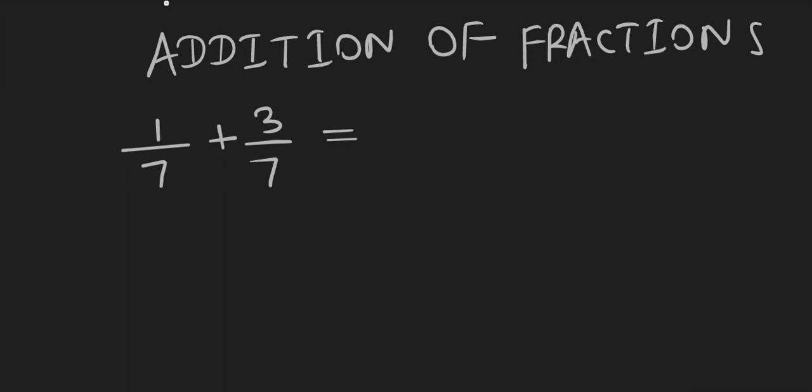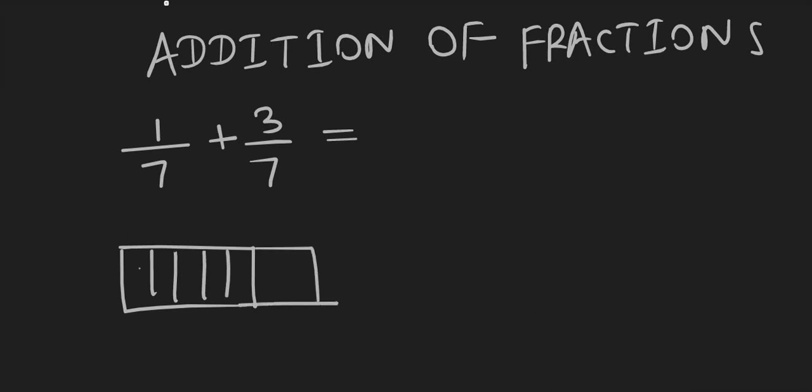Let's say I have a rectangle. I have divided it into 7 parts and I have one part here and another 3 parts here. Therefore, how many parts do I have out of 7? That is to say, I have 4 parts out of 7.